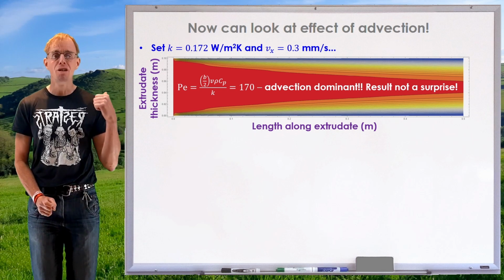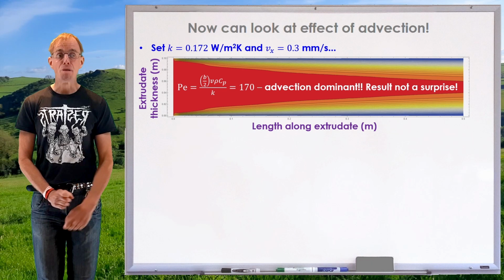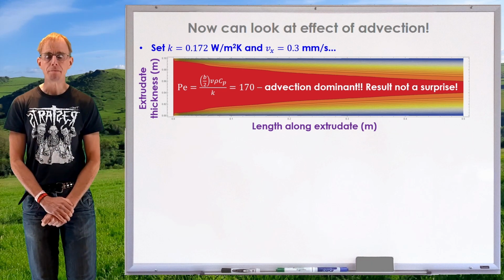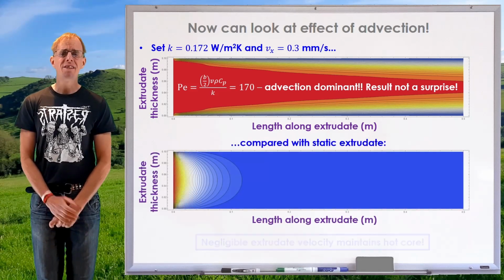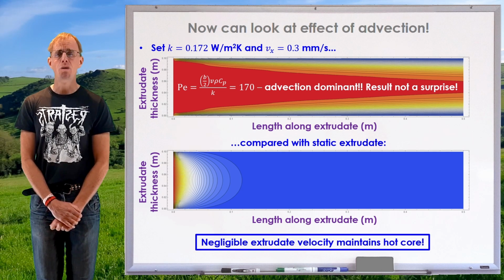So I've only chosen 0.3 millimeters per second because I can get a temperature profile there that looks interesting rather than just uniformly the same color. And so if we compare that to the static case, we can see that even a tiny bit of extrudate motion has a massive effect on the temperature gradient.